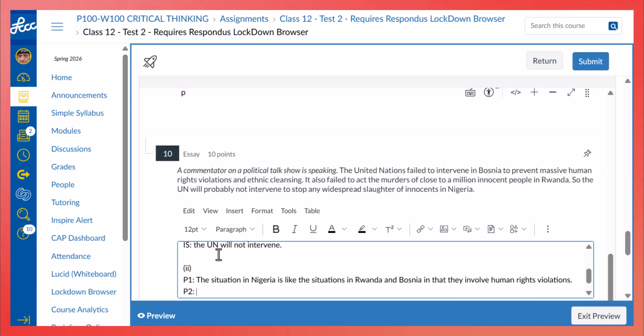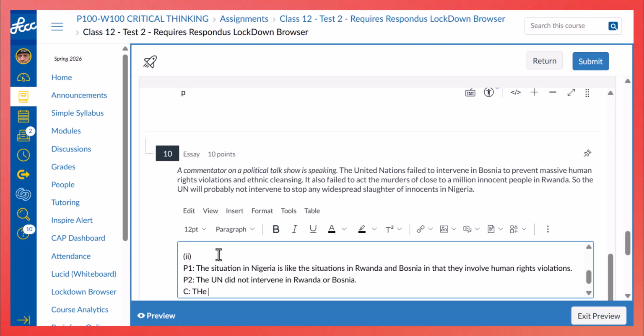P2, the UN did not intervene in Rwanda or Bosnia. Conclusion, the UN will not intervene in Nigeria.